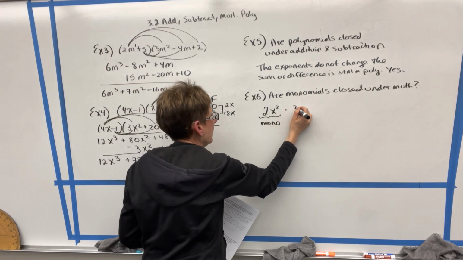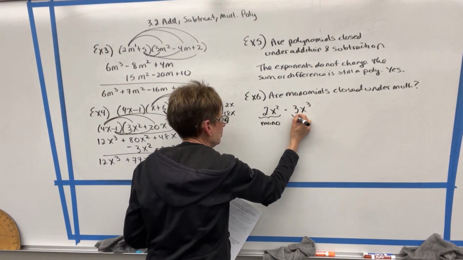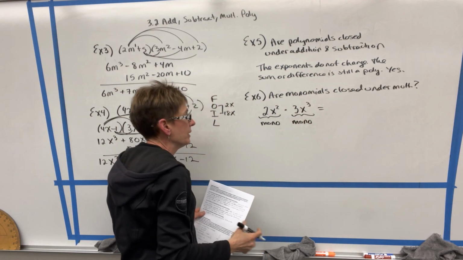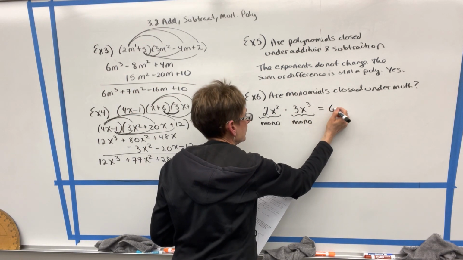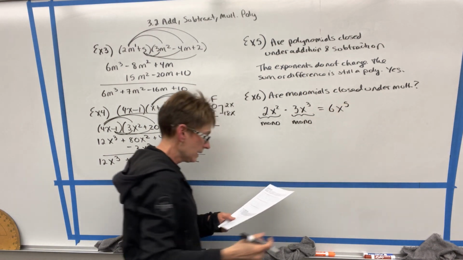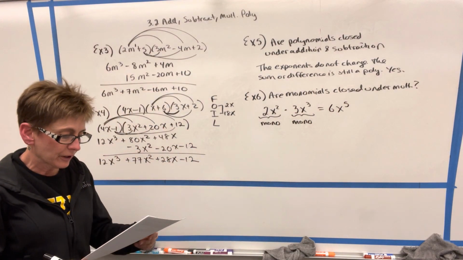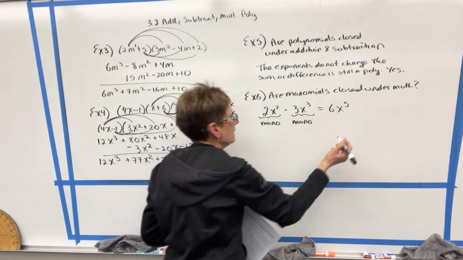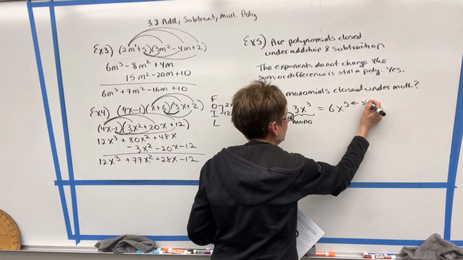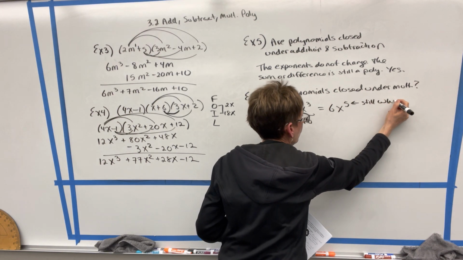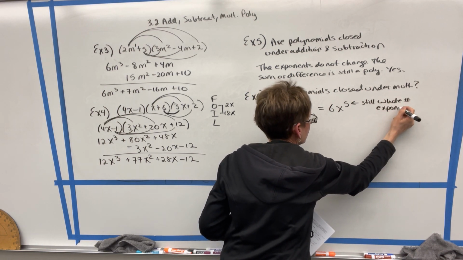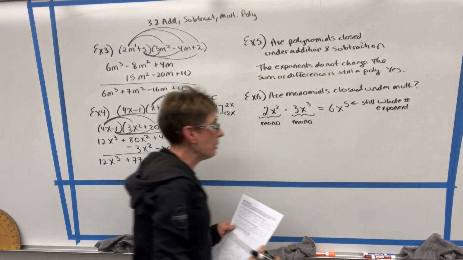If I multiply that times 3x to the cube, another monomial, will I get a monomial? And the answer is yes. I would get 6x to the 5th. In this case, the variable term will still have whole number exponents. So this is still a whole number exponent, so it's still a polynomial.